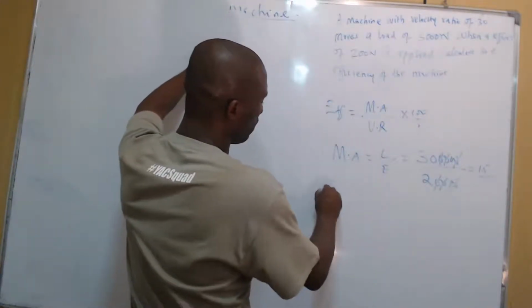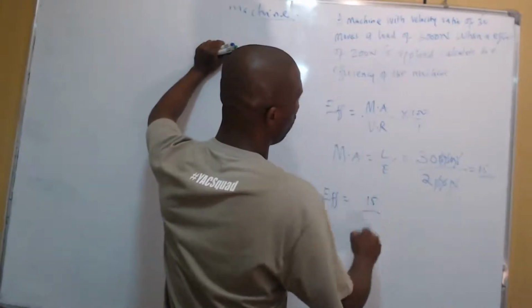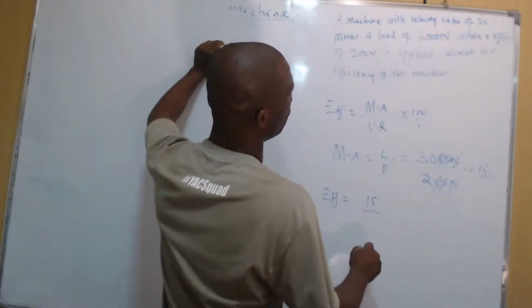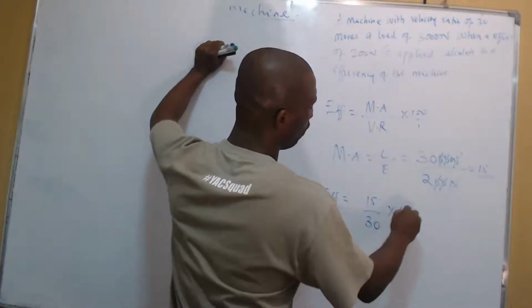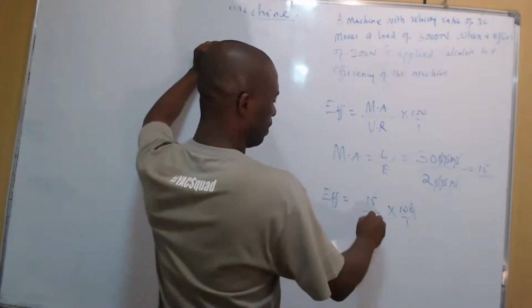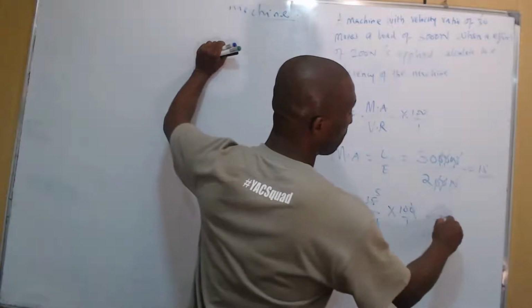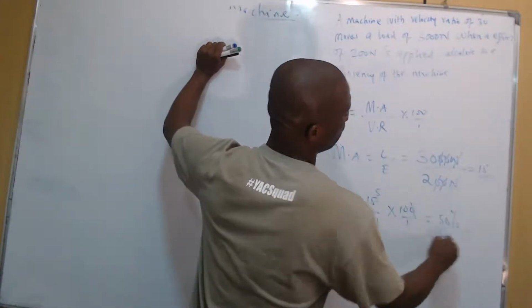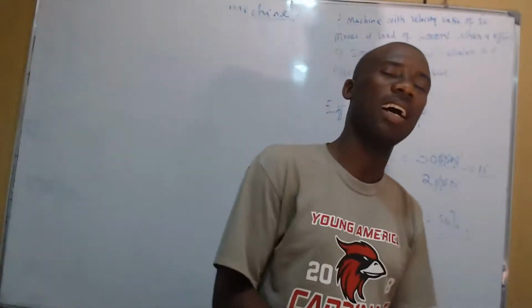Then our efficiency will be equal to mechanical advantage 15 over velocity ratio, which is 30, times 100 over 1. 0 against 0, 3 here, 1. 3 here is 5. So we have 50% efficiency. 50% efficient is what the machine has.